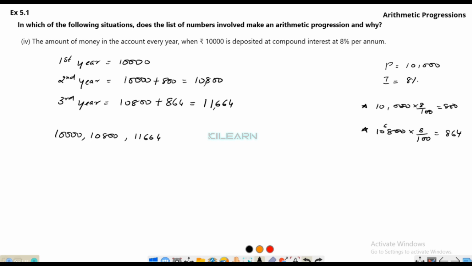Now we need to check whether the differences are the same or not. For finding the difference, D is T2 minus T1, that is 10,800 minus 10,000, which gives us 800. But T3 minus T2 is 11,664 minus 10,800, which gives us 864. If you see, the differences are not the same, therefore we can conclude it is not an AP.